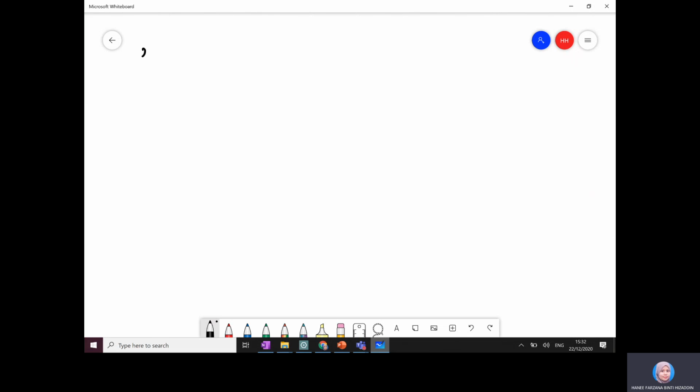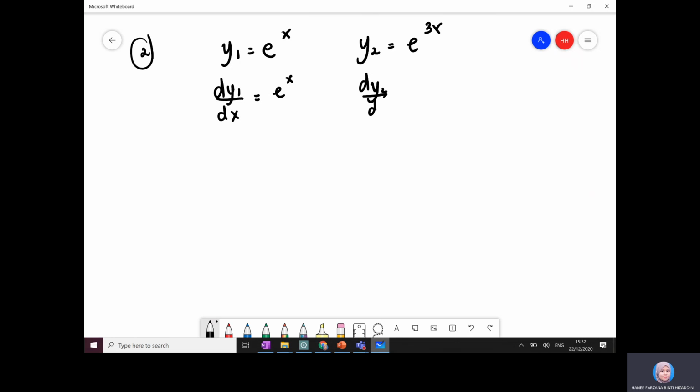And the second example, the same example that we had before: y1 is equal to e to the x and y2 is e to the 3x. From y1, dy1/dx is e to the x, and dy2/dx is 3e to the 3x. So you compute the Wronskian determinant.